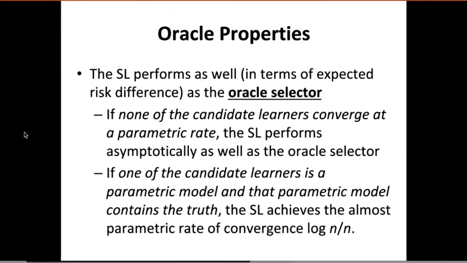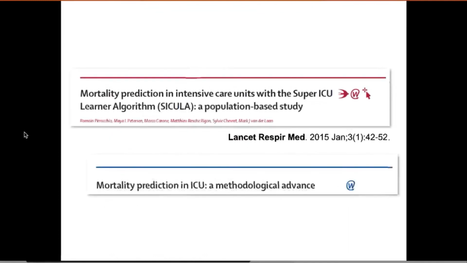But if in turn one of the candidates is a parametric model, and it turns out that this parametric model contains the truth, then the superlearner will achieve the almost parametric rate of convergence, which is a very nice property for a data adaptive algorithm. So next slide. So for those reasons, we wanted to use the superlearner to try to predict ICU mortality at the time. Next slide.